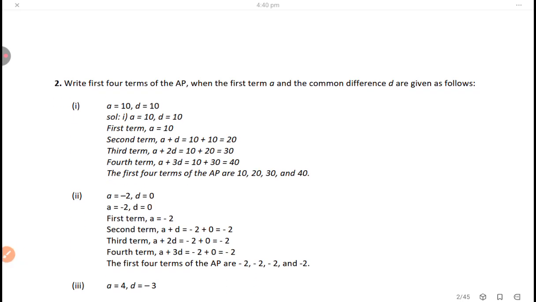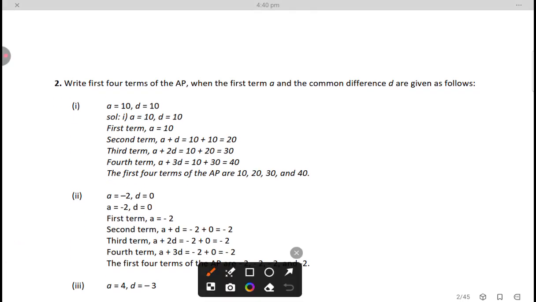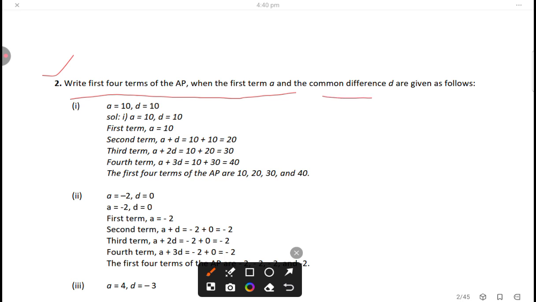Another question. Write 4 terms of the AP when the first term and difference are given below. First term is 10, difference is 10. So as per the formula, A plus D is the second term. So 10 plus 10, 20.